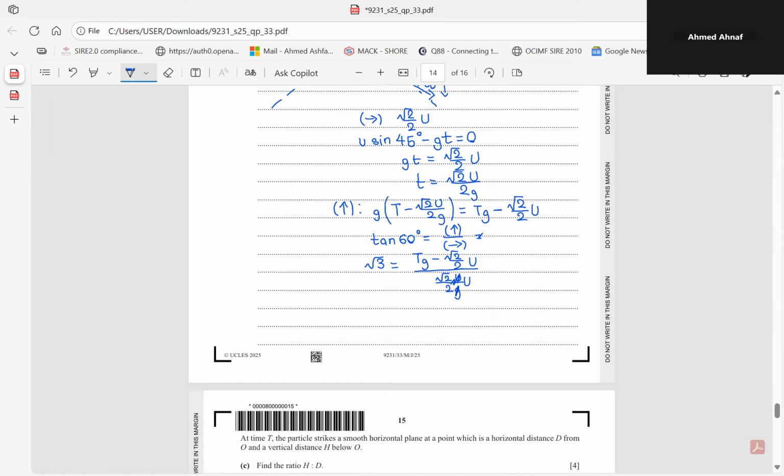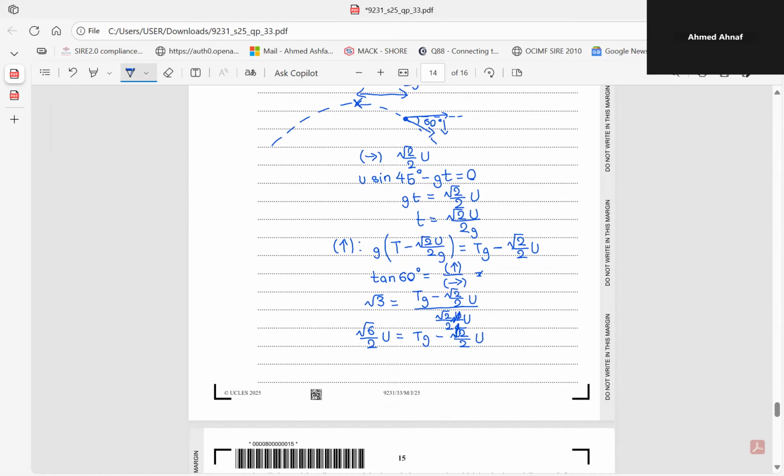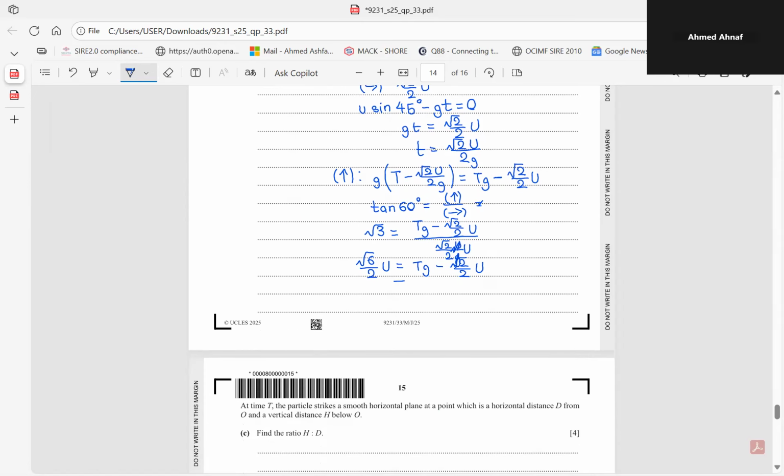Okay, now we'll multiply both sides with the denominator, so you'll get square root 2 times square root 3, you get square root 6 over 2u equals tg minus square root 2 over 2u. Now you'll get tg equals square root 6 over 2 plus square root 2 over 2 times u, so square root 6 plus square root 2 over 2u.